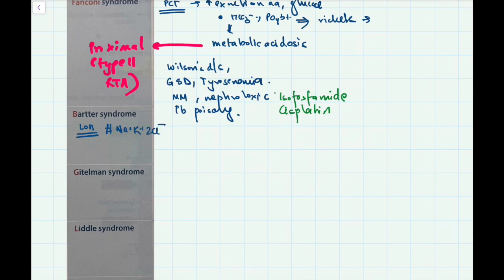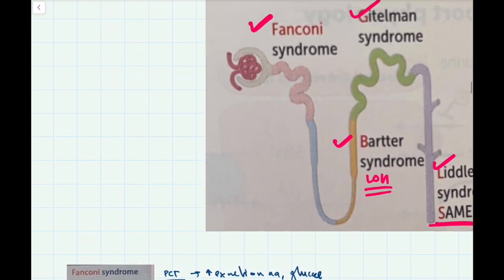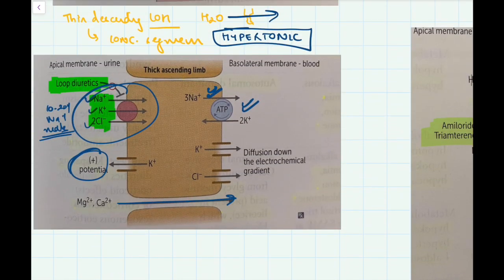It is an autosomal recessive disorder and there is metabolic alkalosis along with hypokalemia and hypercalciuria, and it mimics the chronic use of loop diuretics because they act at the same location. So this is Bartter.